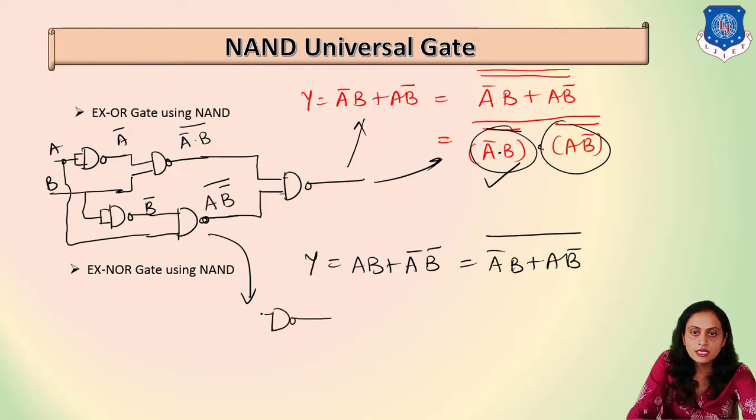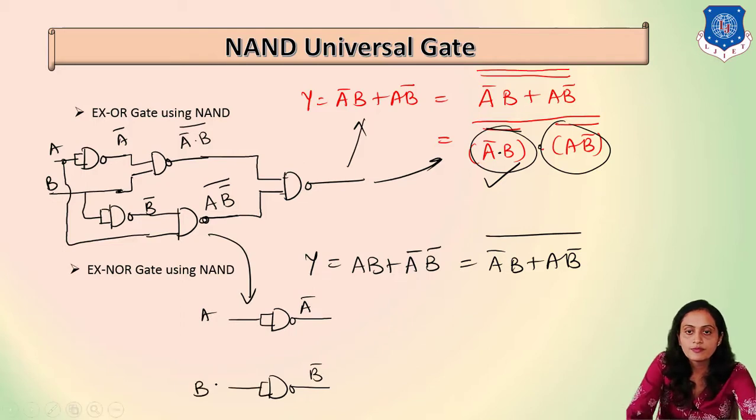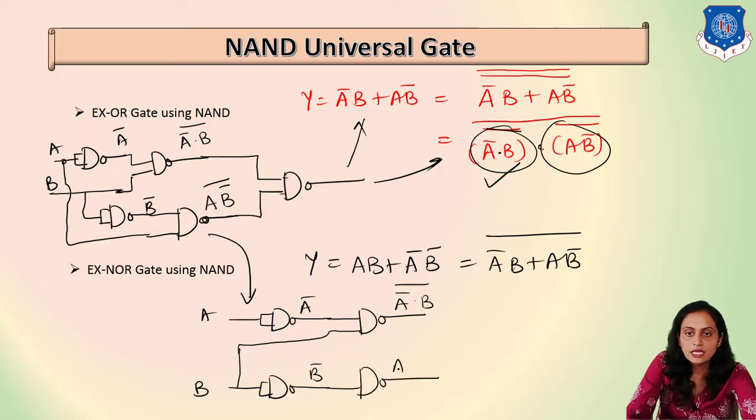So we have this A bar, we have this B bar, we will have A bar B whole bar, and that is why I will take this as the input, and I will have one more, that is A into B bar whole bar, and for that I will take this input A over here.